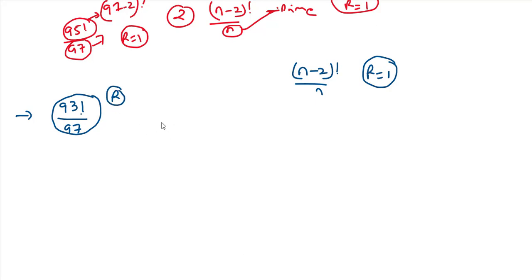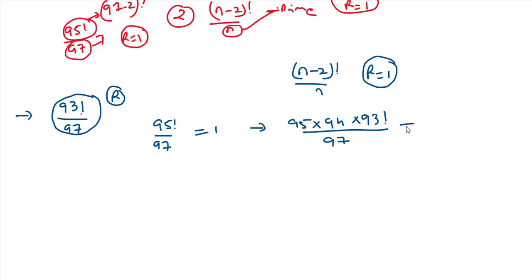Now we know that 95 factorial divided by 97 gives a remainder of 1. We can write this as 95 into 94 into 93 factorial divided by 97, where the remainder is 1.